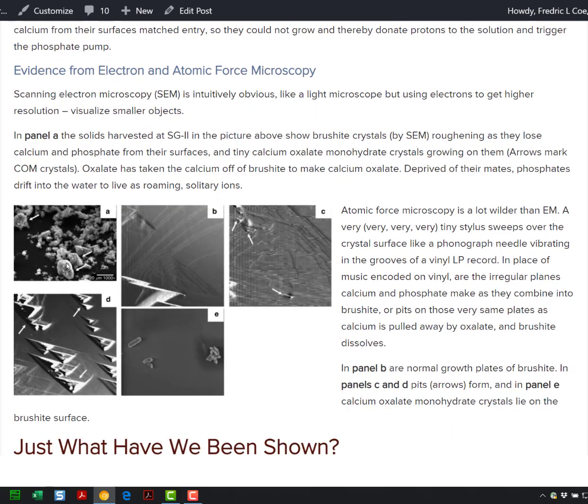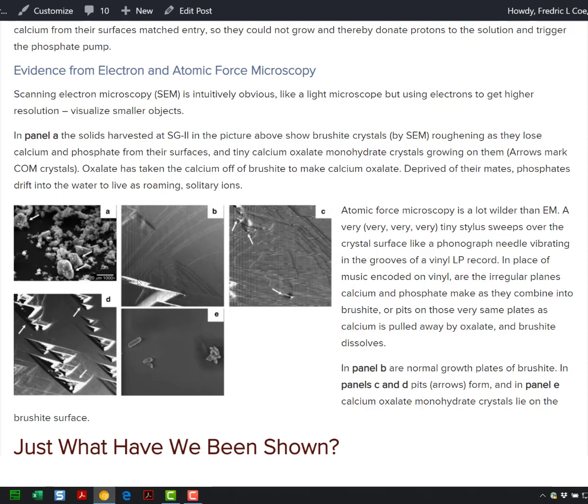And what you can see is the surface of these round crystals is fuzzy looking. And where the arrows point, there's tiny kind of rectangular crystals growing. That's calcium oxalate monohydrate. So they're actually growing right on the surface here. And the surface is all roughed up because it's coming apart.